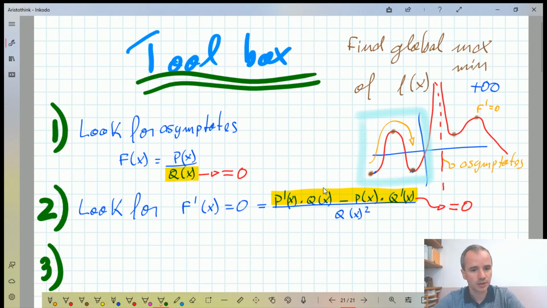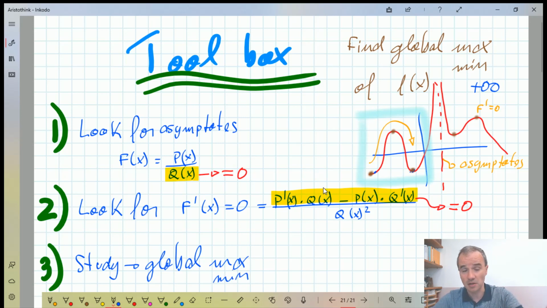what should we consider? Whenever you study global maxima or minima, you have to look at your boundary.